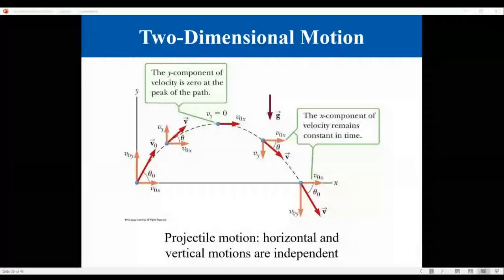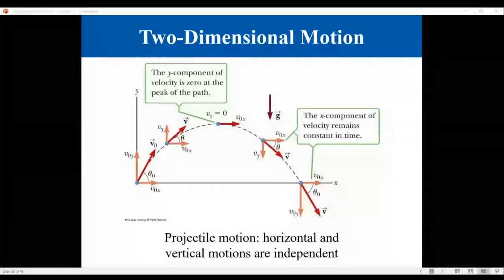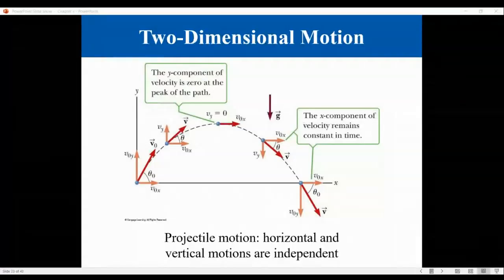What I want you to observe is, at different points, look at the velocity vectors. When we're looking at this particular projectile moving in 2 dimensions, what is important to note is that your x component remains constant all the time. Obviously we're talking about the velocity.